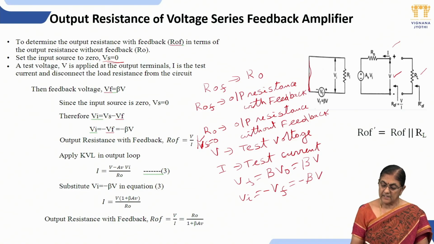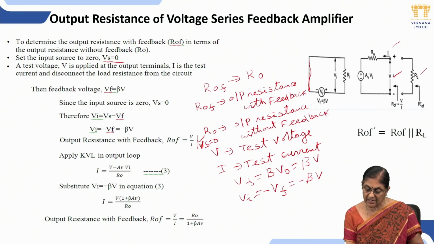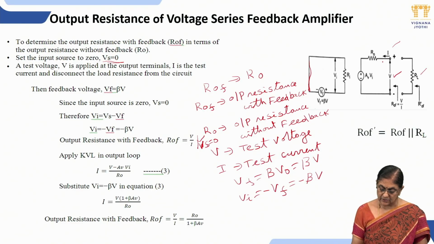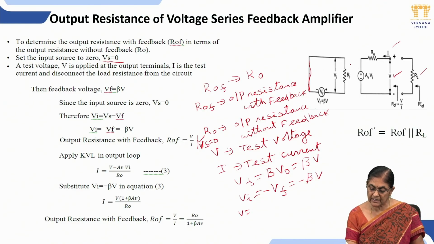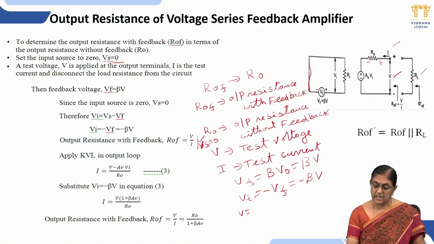By applying KVL in the output loop, see the polarities of Vi and the polarities of the test voltage. This is from minus to plus. Then V is equal to, if the current is flowing in this direction, the polarity of the voltage drop is positive here and negative here.